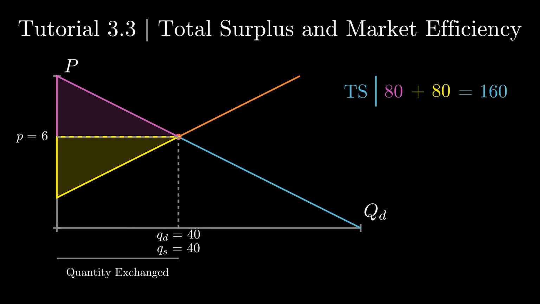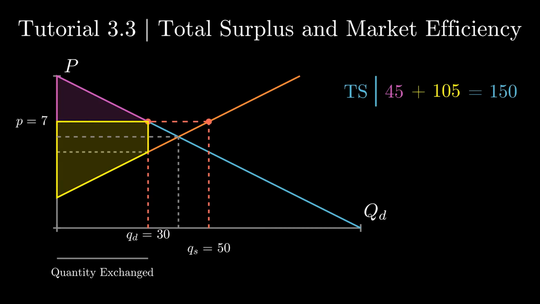Let's give you, the social planner, control over price. When price is high, we have an excess, where sellers can't sell all they have at the price in the market. We lose some producer surplus from the smaller quantity exchanged because buyers are buying less from sellers.